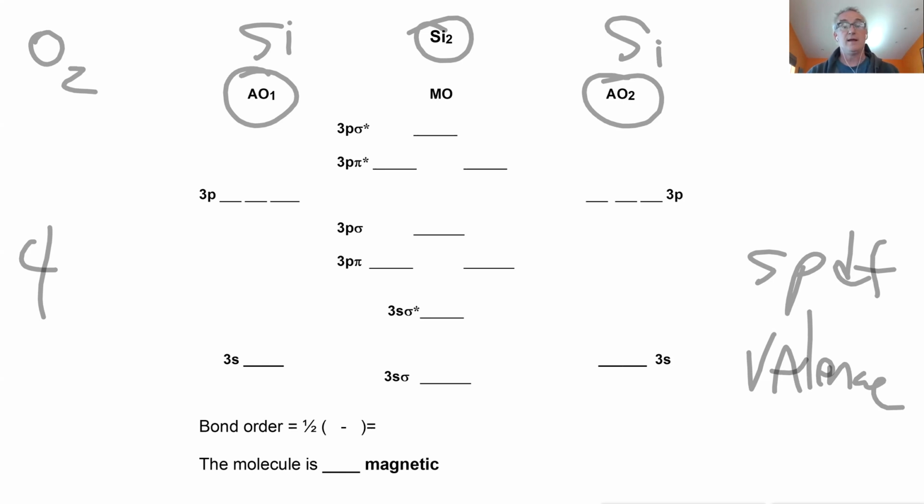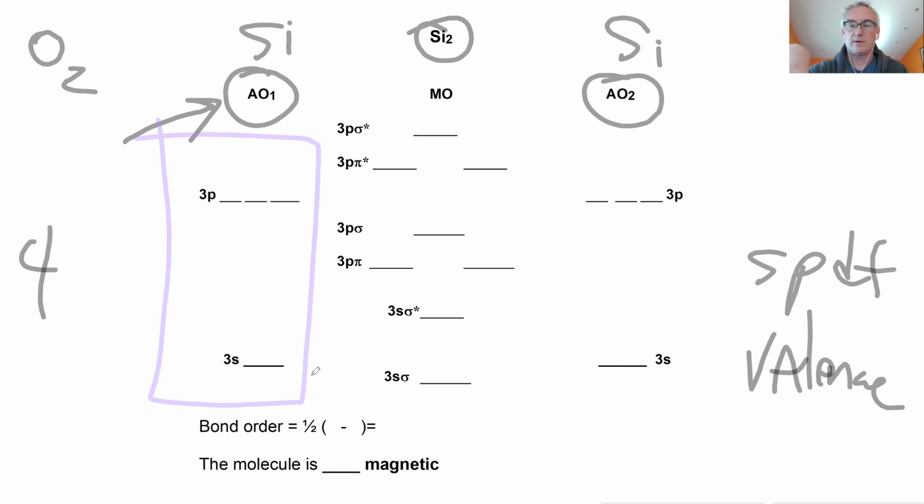So we have 4. So where are we going to put our 4 electrons in our atomic orbitals? Where do we put them? We've got 4 to put in. This atomic orbital and this atomic orbital.